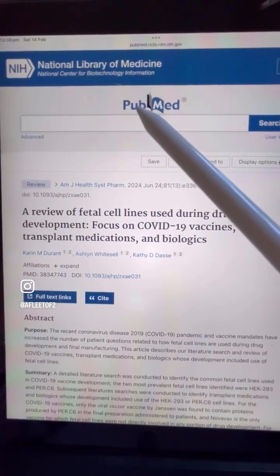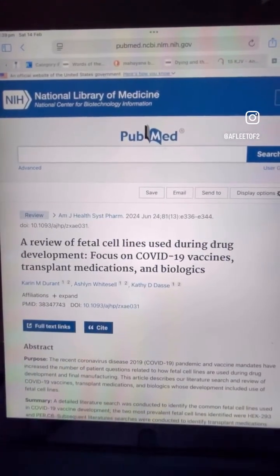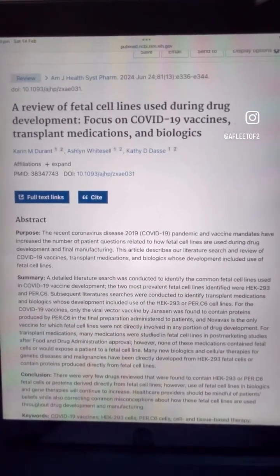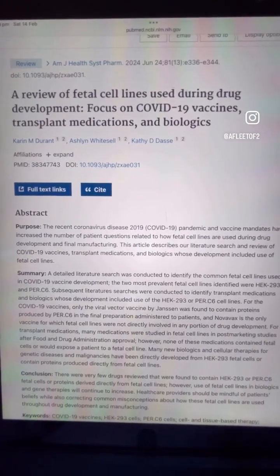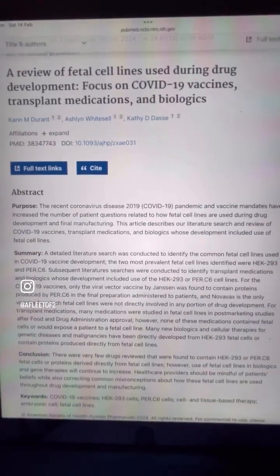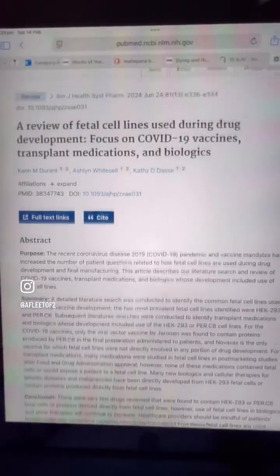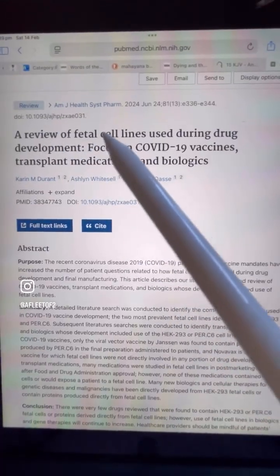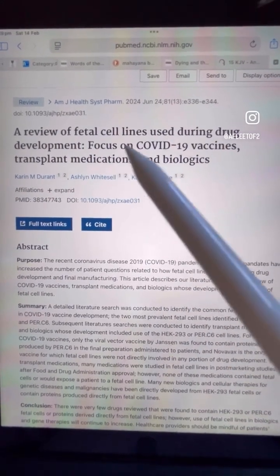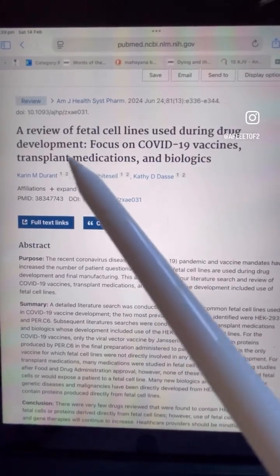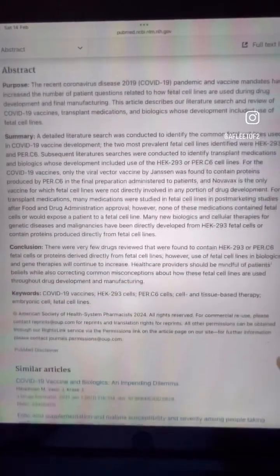So this is PubMed, National Library of Medicine, and they share a lot of their scientific studies and research. Here, as you can see in this one, we are doing a review of the fetal cell lines used during drug development, focus on COVID-19 vaccines, transplant medications, and biologics.